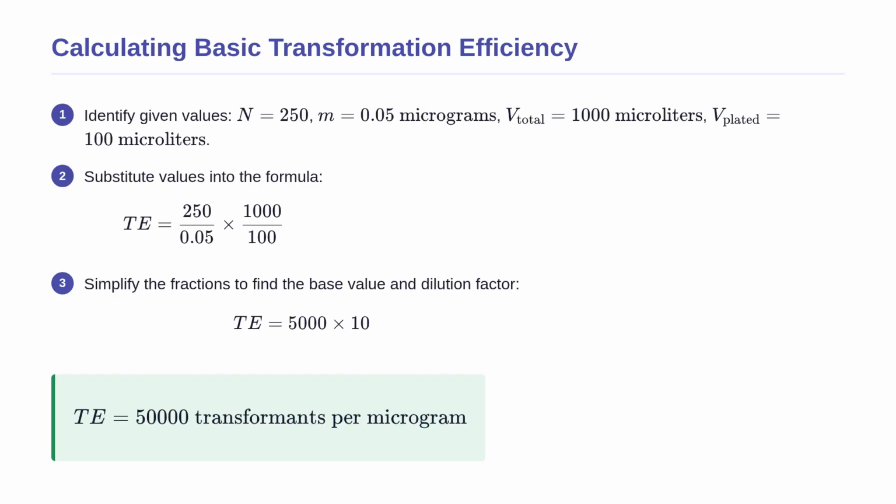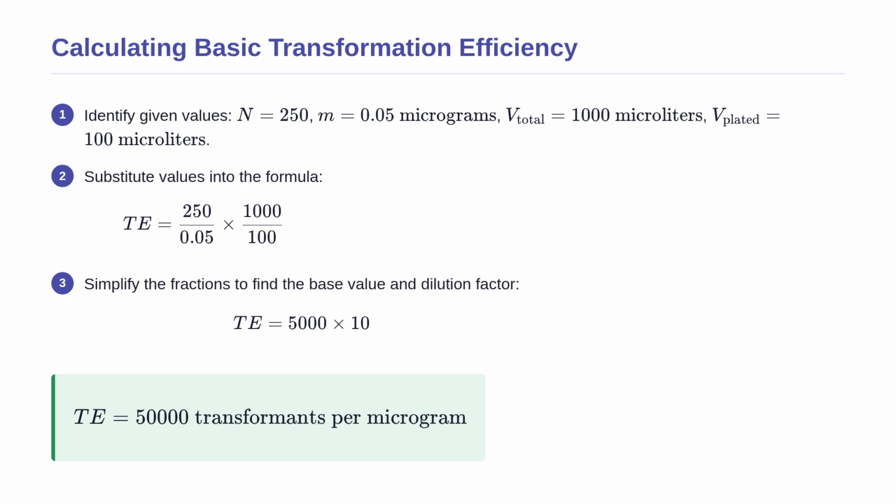Let us see this formula in action with a concrete example. Suppose you perform an experiment and count 250 colonies. You used 0.05 micrograms of DNA. Your total volume was 1,000 microliters, and you plated 100 microliters. First, we identify our variables and substitute them directly into our equation.